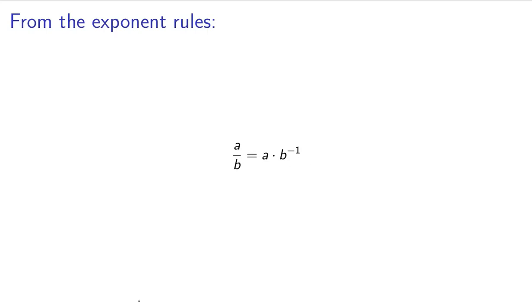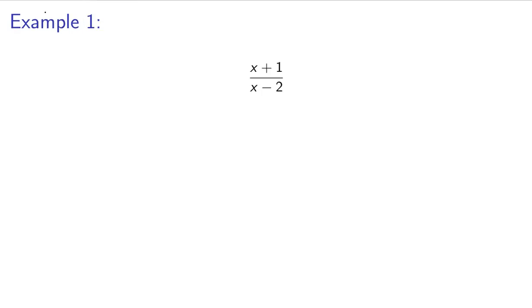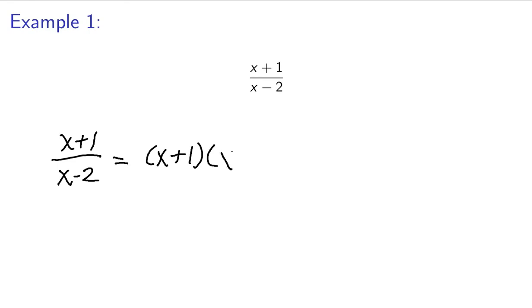So, for example, if you have x plus 1 over x minus 2, that'll be the same thing as x plus 1 times x minus 2 to the negative 1. That's just a matter of rewriting the fraction using that negative exponent.